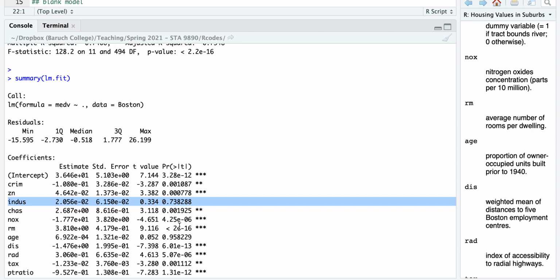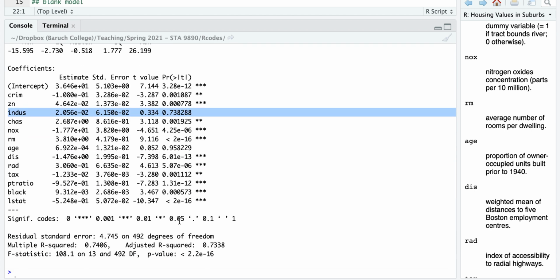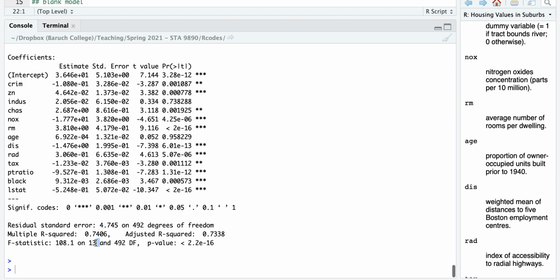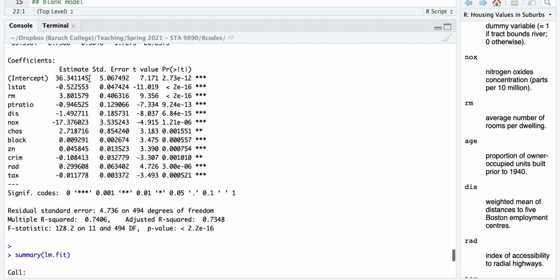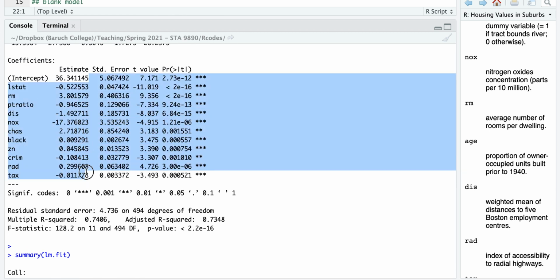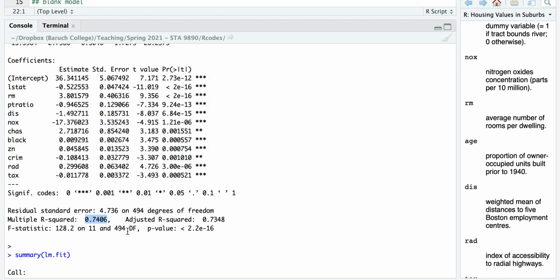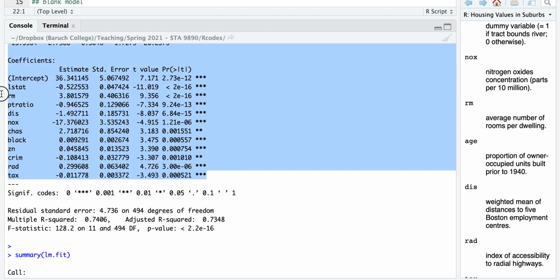Okay. Now, what I want to draw your attention to is the R squared. R squared for the full model is 0.7406. For the reduced model with a smaller number of variables, it's also 0.7406, which may mean that these two models have fit the data equally well, but this model has 2 variables less.